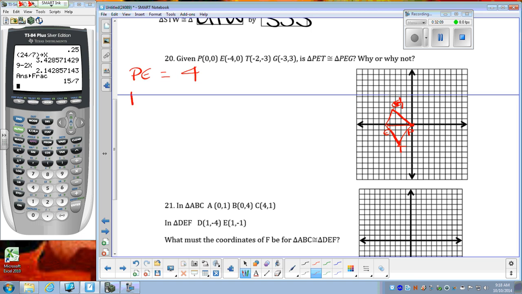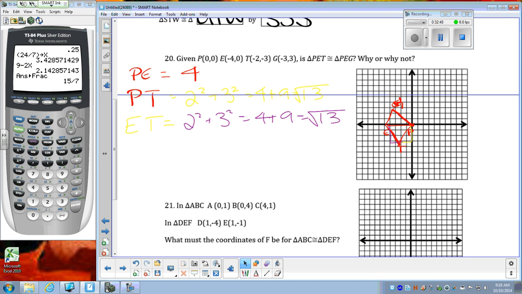I need to figure out PT. For PT, I had to go over 2 and up 3. So PT is 2 squared plus 3 squared, to give me the square root of 13. I need to figure out ET. For ET, I went down 3, over 2. 2 squared plus 3 squared equals 13, and then I square root that.